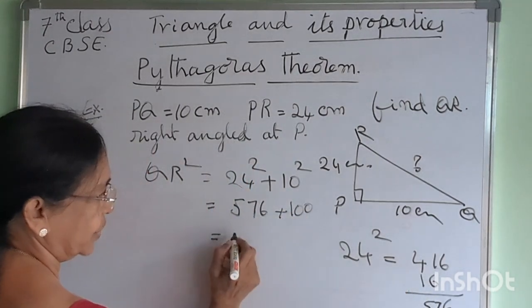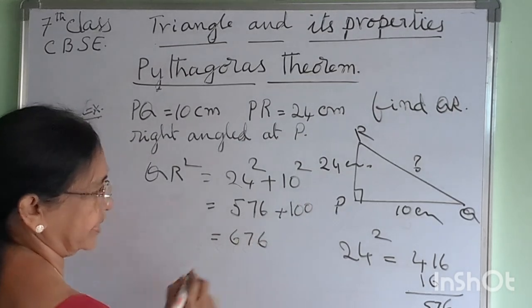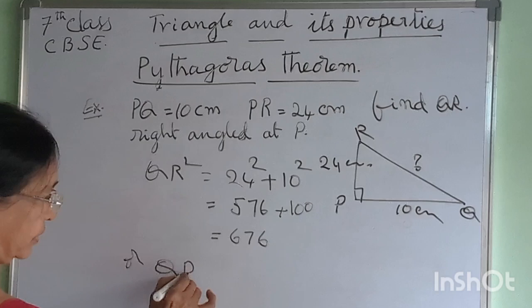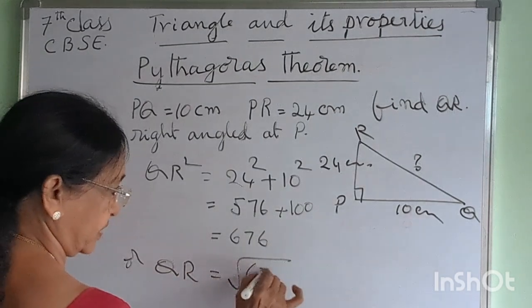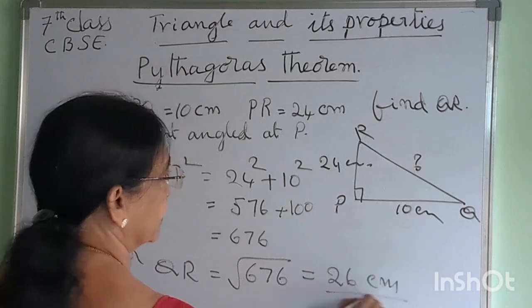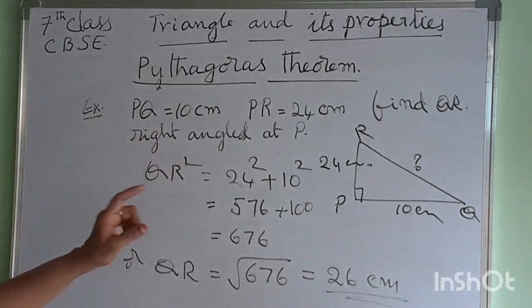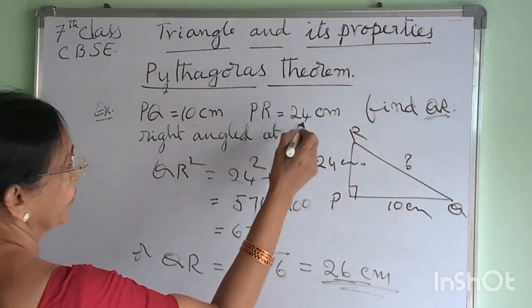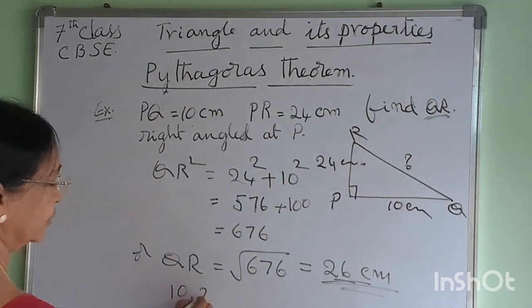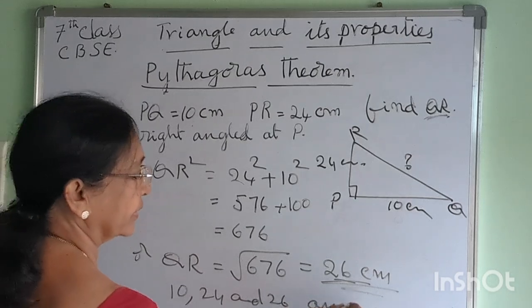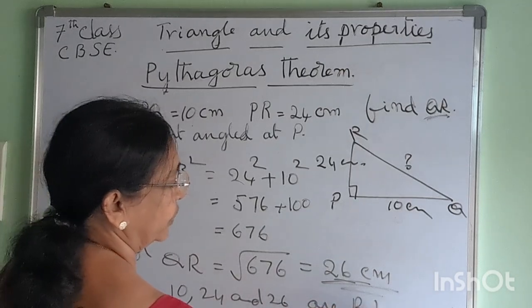This is equal to 676. QR is equal to the square root of 676, that is equal to 26 centimeters. Therefore, 26 centimeters. Here 10, 24 and 26 are Pythagorean triplets.